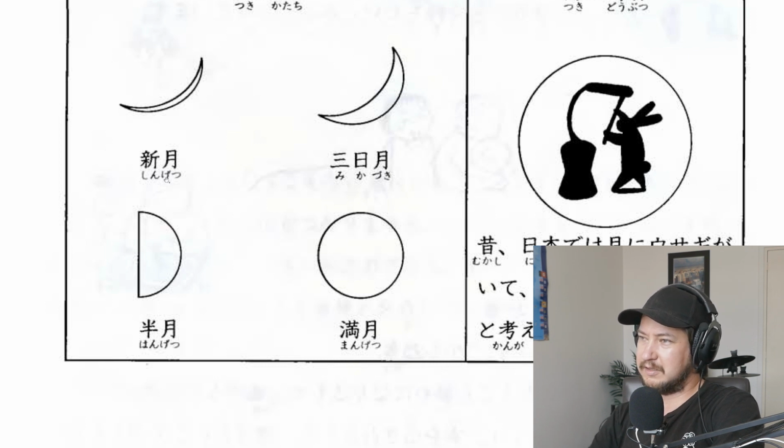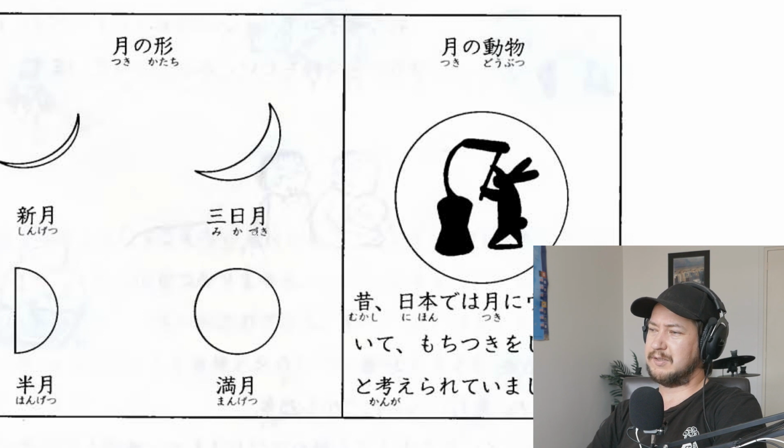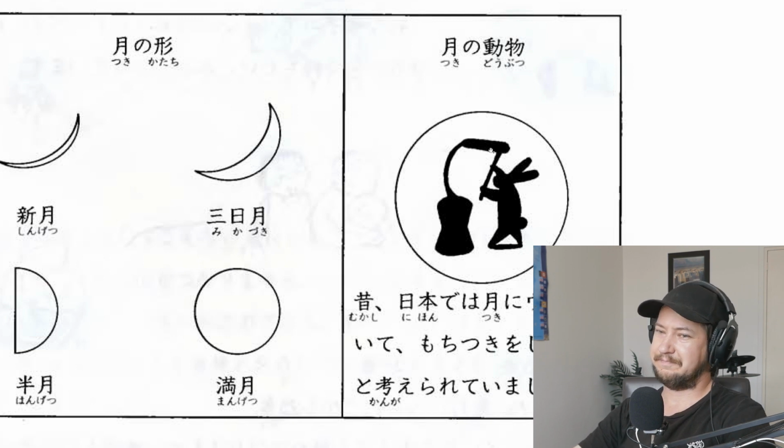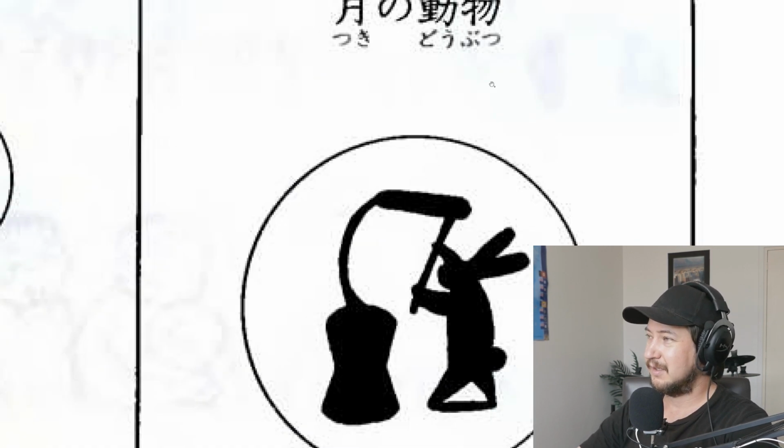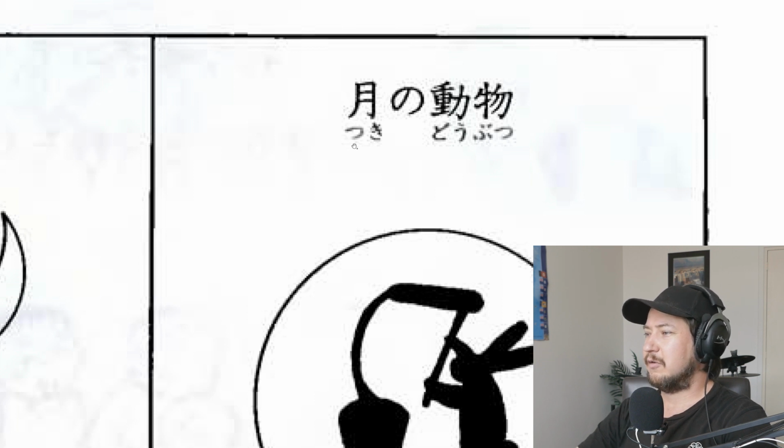It's interesting that it's usually Getsu, but when it's a 3-day moon, you're supposed to read it not as Getsu, but Zuki. Usually it's Tsuki, but that can happen when Tsuki becomes Zuki.